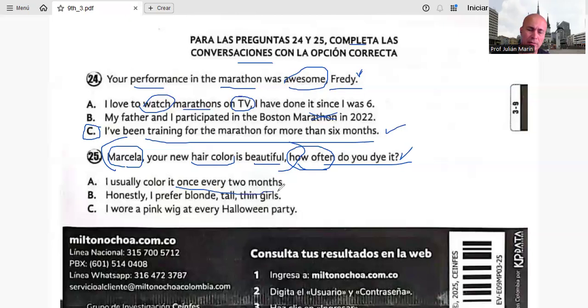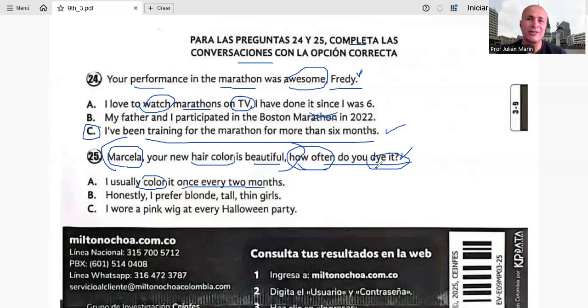So this right here is a good prospect. I usually color it, right? To dye is the strategy people use to change the color of the hair.